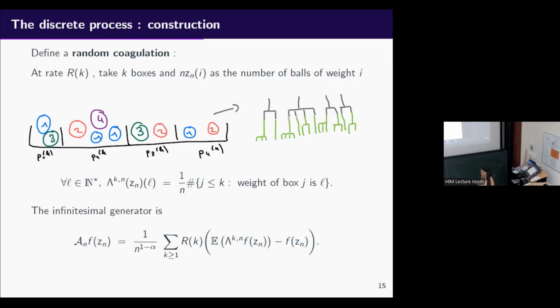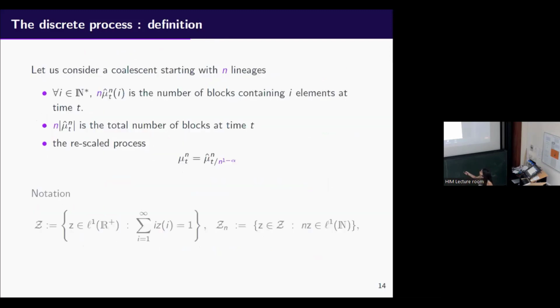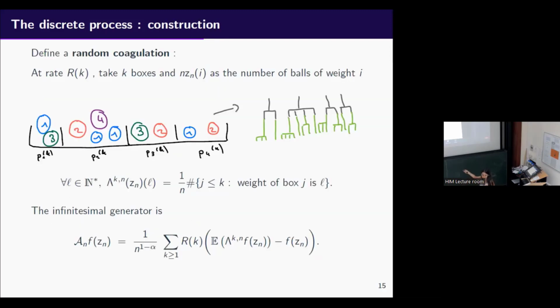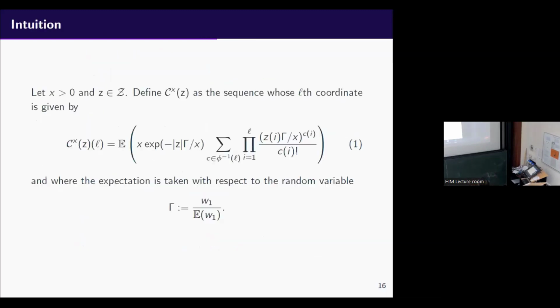Now we want to see what happens when I start with a very large number of lineages, so like if I have a problem with a very big number of balls, and I'm also going to assume that I have many urns in which I assign my balls, because basically you see from this generator that what you have most often is events with large k. And we will see that this coagulation operator will converge to a continuous coagulation operator that looks like this. Okay.